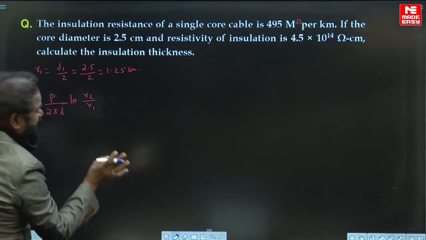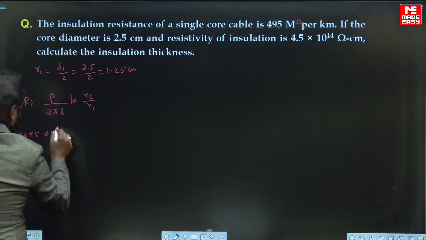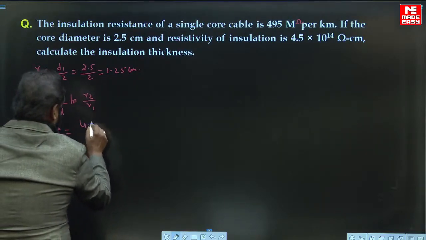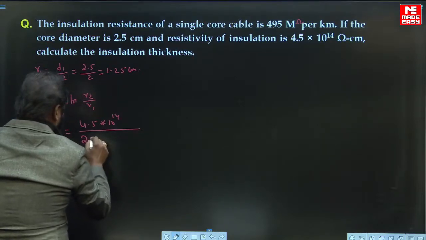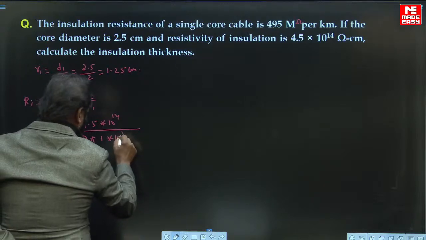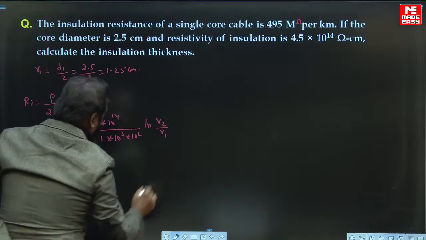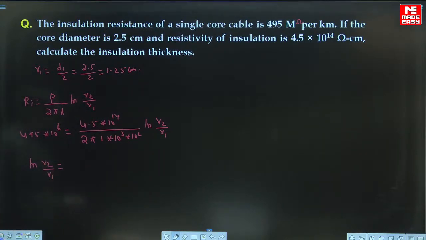You make the substitution of all: 495 into 10 power 6 megaohm is equal to rho, which is given as 4.5 into 10 to the power of 14, divided by 2 pi L, per kilometer it was said. So therefore 1 into 10 cube into 10 square ln R2 by R1. From here you can take ln R2 by R1 is equal to 0.688.